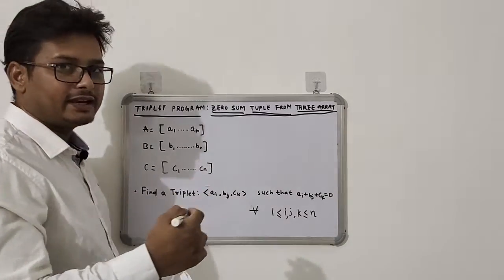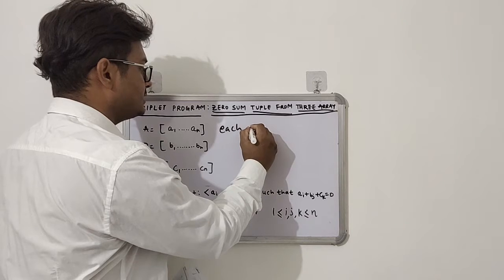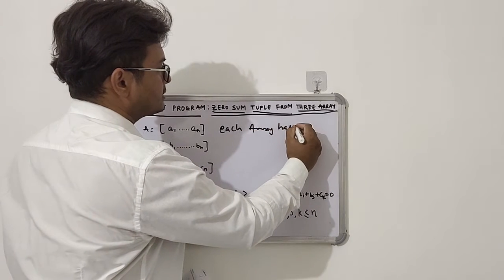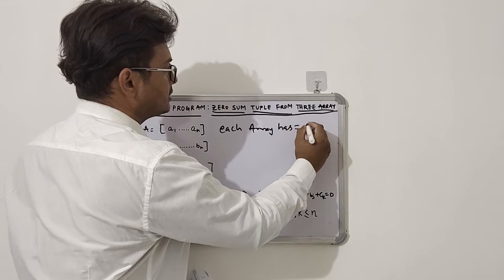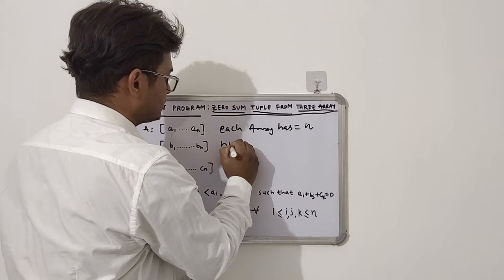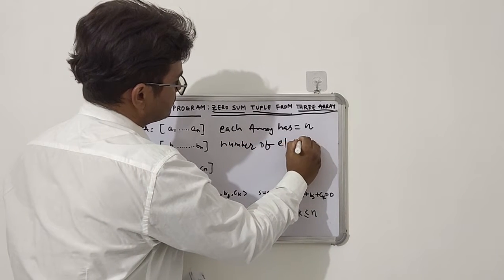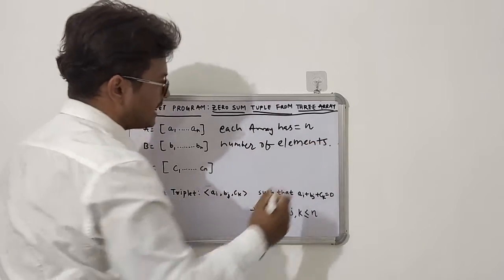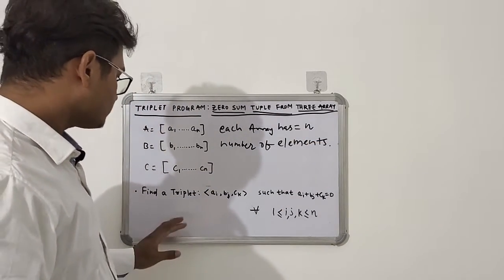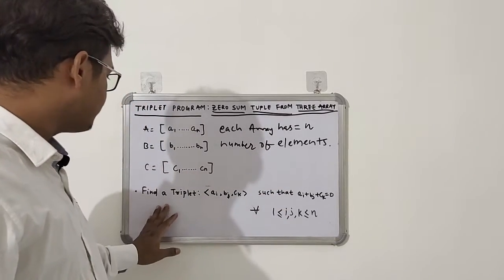And I can write that each array has n number of elements, right?